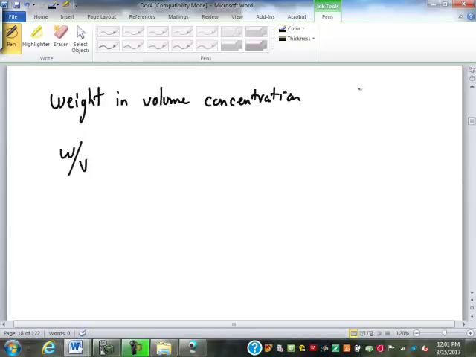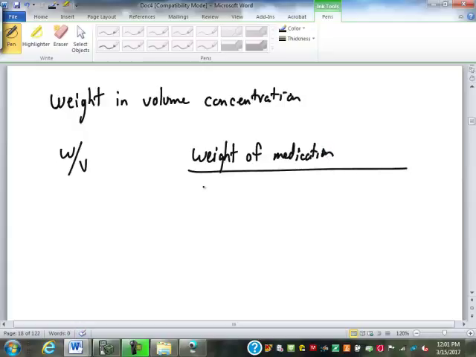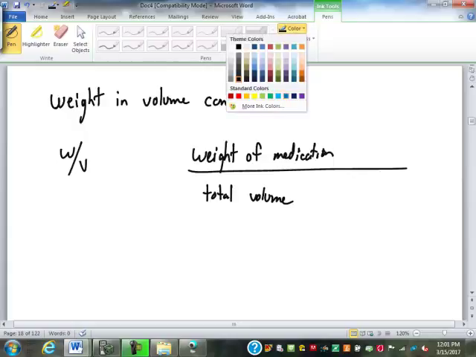And in a weight in volume, it is the weight of the medicine, so weight of the medication, over the total volume. But since we're mixing units of weight and volume together, we need to be very careful with our units.